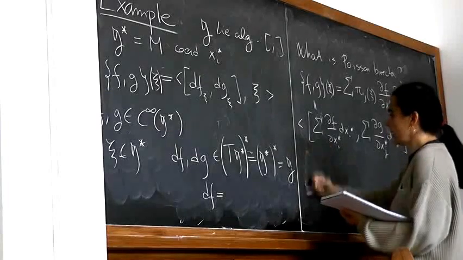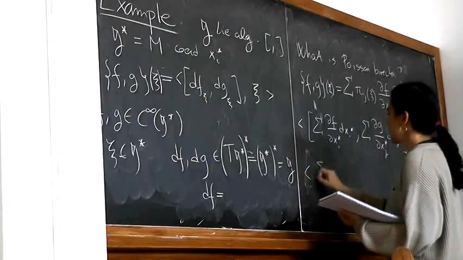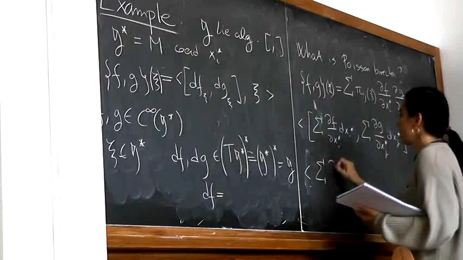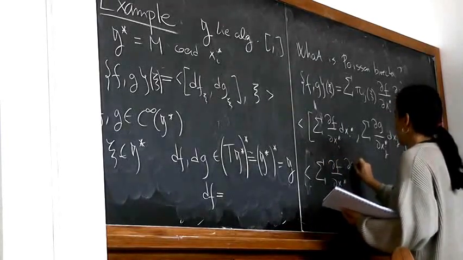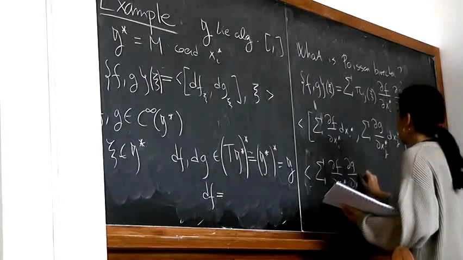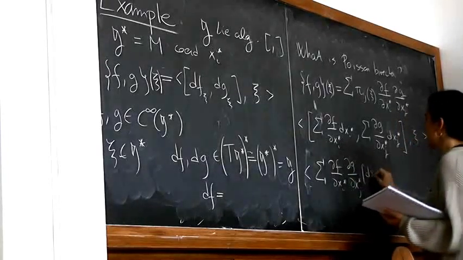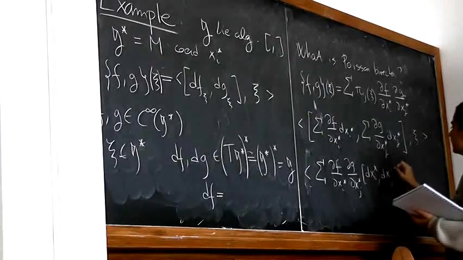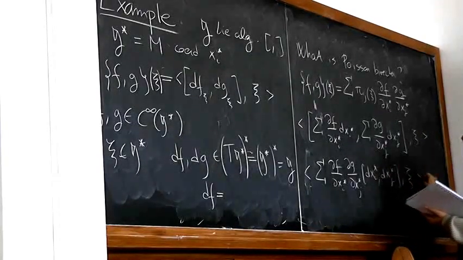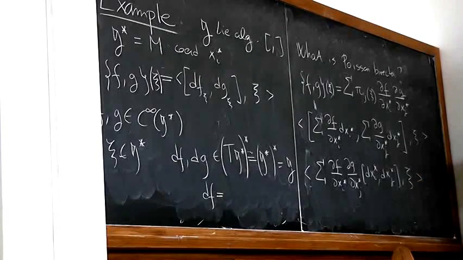So the pairing of summation df dxi star dg dxj star, dxi star dxj star psi. This is what it is.